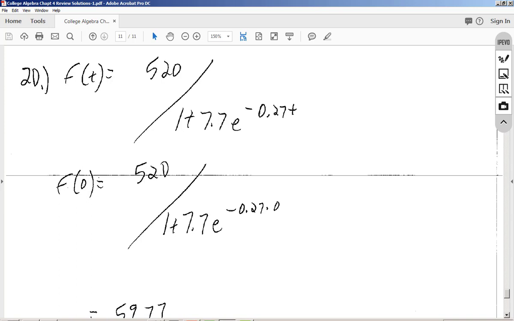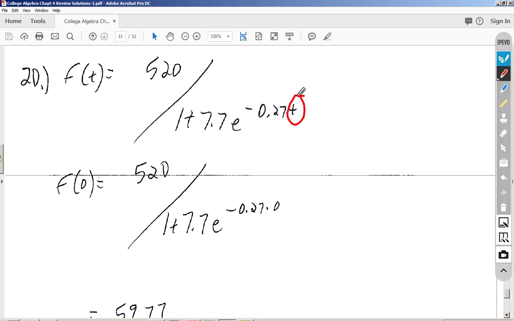Whenever anything is happening initially, that means t is going to equal 0. So it's just a matter of substituting 0 in place of t and solving that equation.